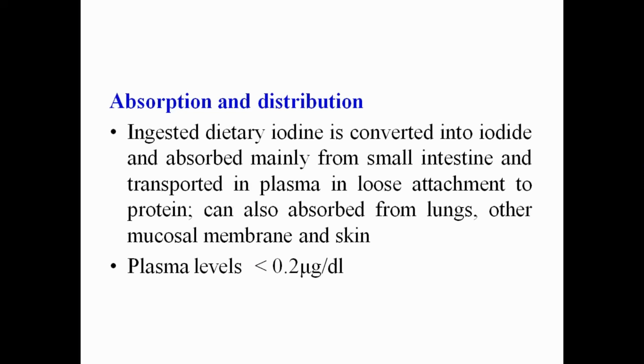So the iodine present in dietary foods is converted to iodide in the stomach, and after that it is absorbed into the circulation via the duodenum, and in the circulation this iodine is bound with plasma protein for transport. Some iodine can also be absorbed from the lungs, outer mucosal membrane, and skin.